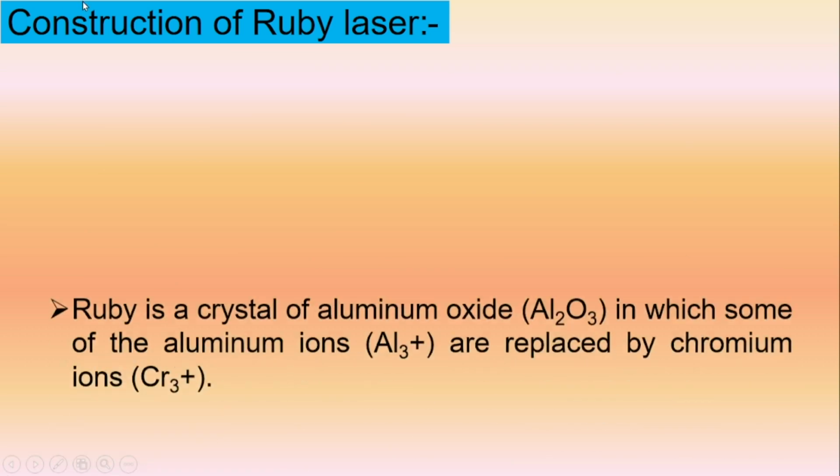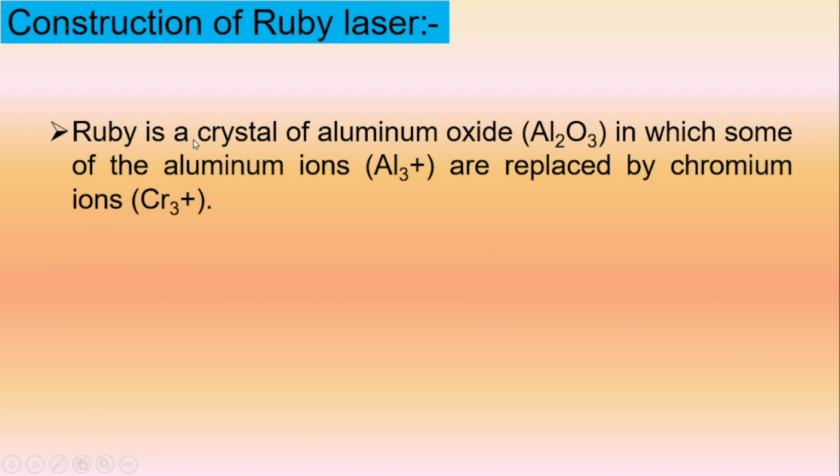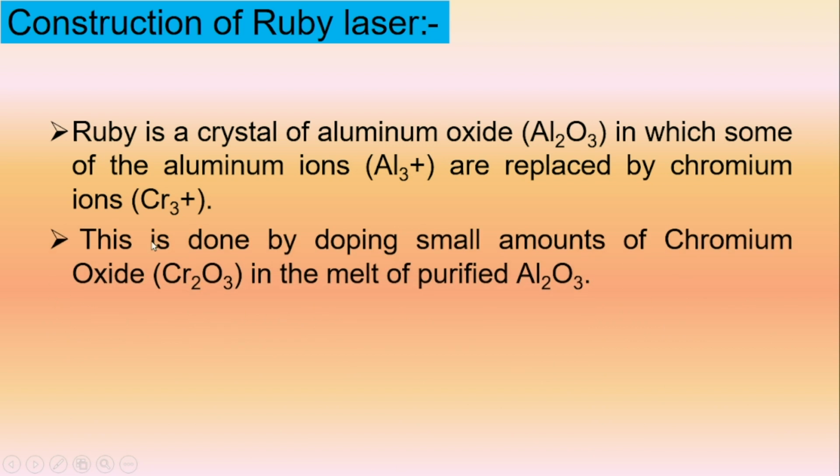Now let us see the construction of ruby laser. Ruby laser is a crystal of aluminum oxide in which some of the aluminum ions are replaced by chromium ions. This is done by doping small amounts of chromium oxide in the melt of purified aluminum oxide.